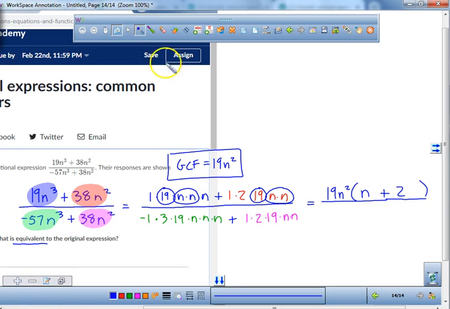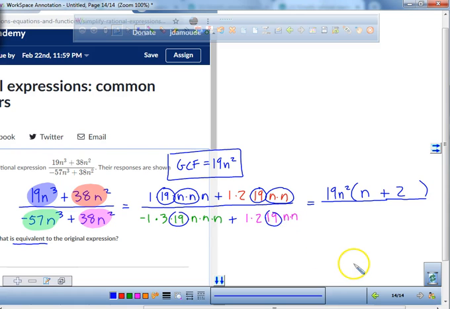Now I'm going to keep everything in the same color. Right now, we're going to scan this. What do they have in common? What number do you see? What factor do they have in common? 19. So I'm going to circle a 19, and I'm going to circle a 19. And what variables do they have in common? What are the factors of variables? N squared and n squared.